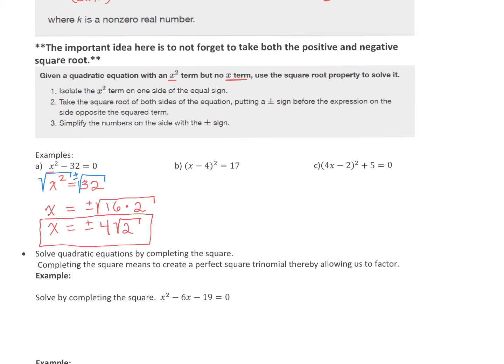For our next example, we don't just have an x squared, but we have a binomial that's squared. And it really doesn't matter if it's a binomial or a trinomial, but we've isolated the squared piece. So when we take the square root of each side, I'm going to write that down here.